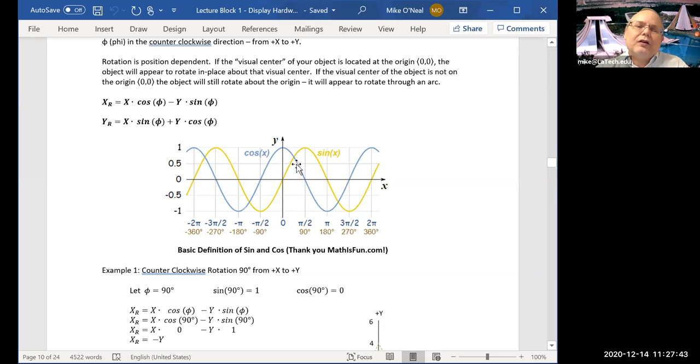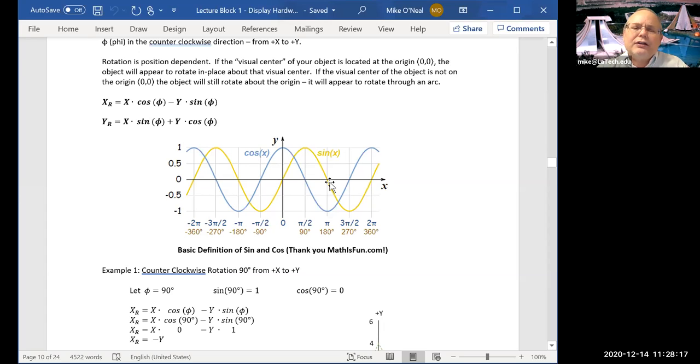So it's shifted by 90 degrees here. If you were to look at, say, 90 degrees, cosine is halfway through its period, so it's at 0, while sine is at its height, so it's at 1, right? So at 90 degrees, the cosine is 0 and the sine is 1.